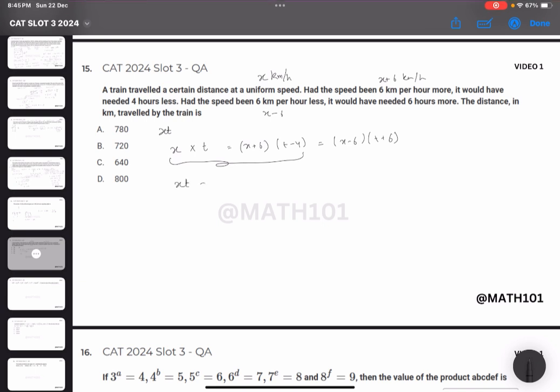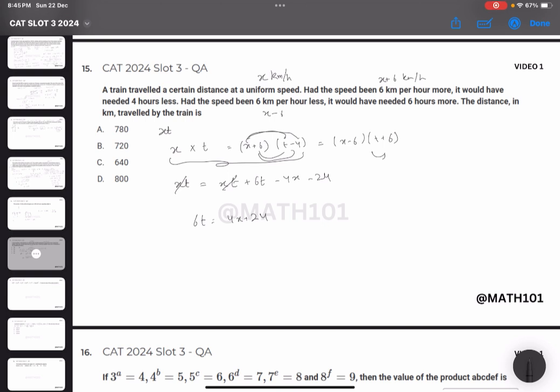So xt equals x into t plus 6 into t, minus 4 into x, and then finally minus 24. This goes away, so we are left with 60 equals 4x plus 24.